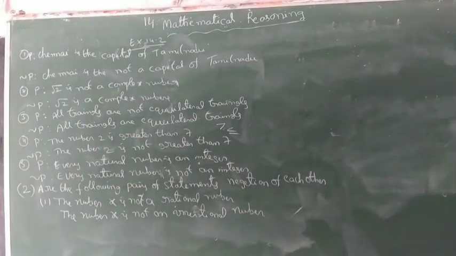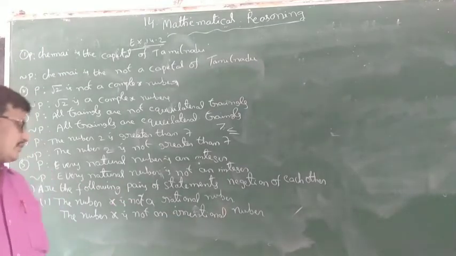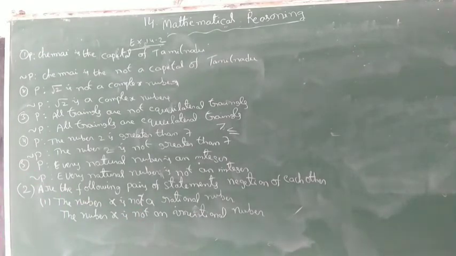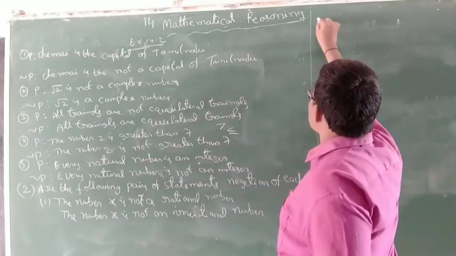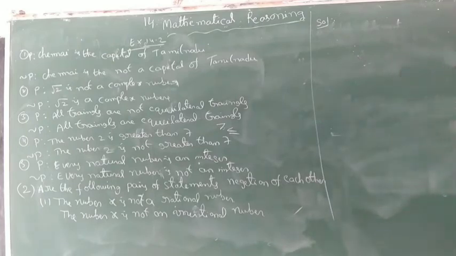This is the given problem. Solution: not a rational number means irrational number. Not an irrational number means rational number.